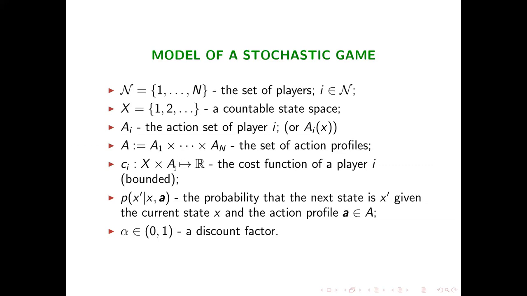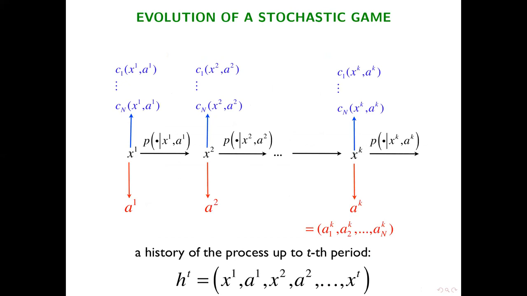The evolution of a stochastic game is as follows. There is an initial state x_1, which can be given or it can be chosen randomly with some given initial distribution, but at the moment assume that x_1 is given. The players simultaneously choose their actions, and we have a profile of actions a_1, and immediately they have to pay their costs.